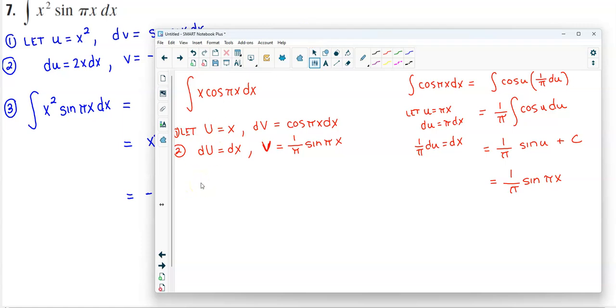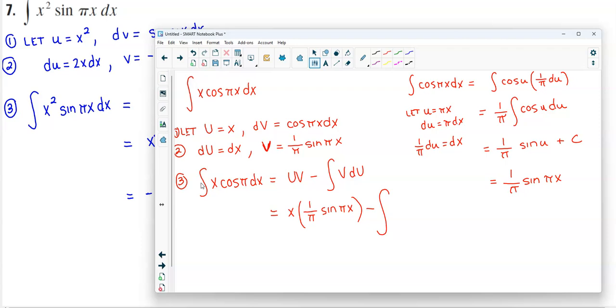Okay, so now we're going to go ahead and say x times the cosine of pi x dx is going to equal uv minus the integral of v du. So we have x times 1 over pi times the sine of pi x minus v, which is 1 over pi times the sine of pi x, times du, which is dx.